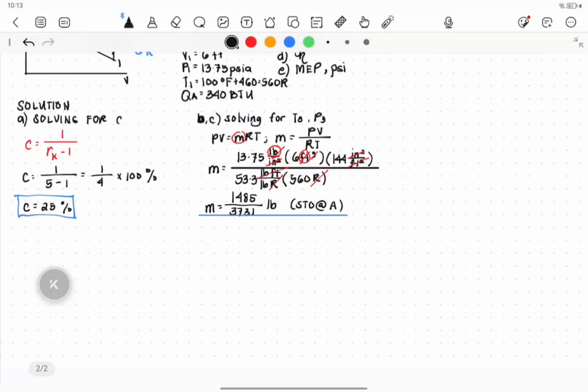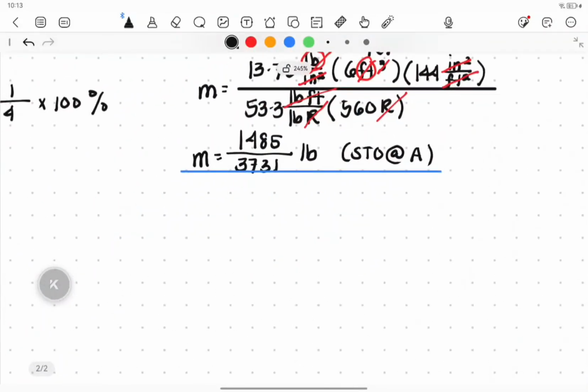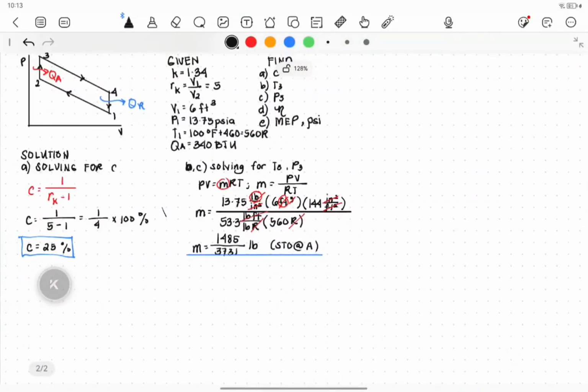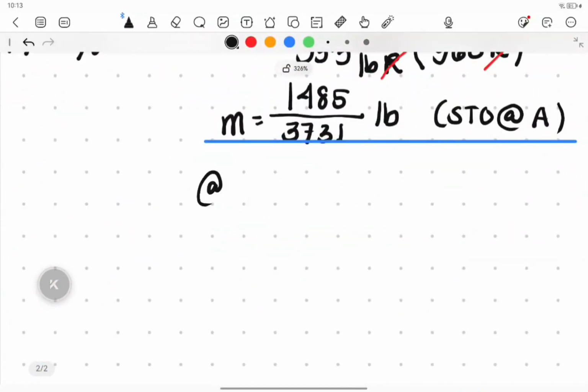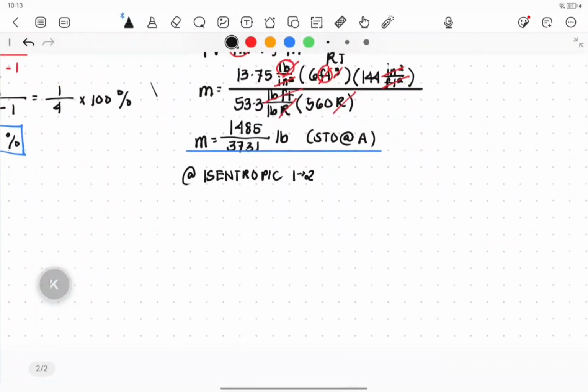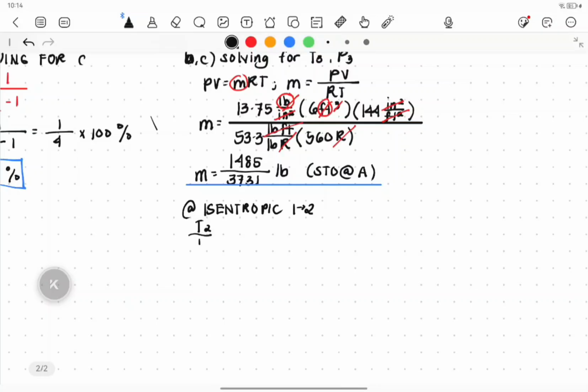Okay? So we have to solve for the temperatures. So first, at isentropic 1 to 2, we have T2 over T1 is equal to P2 over P1 raised to K minus 1 over K, and we also have V1 over V2 raised to K minus 1.